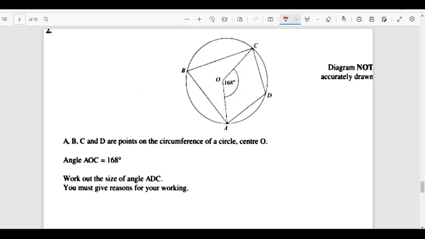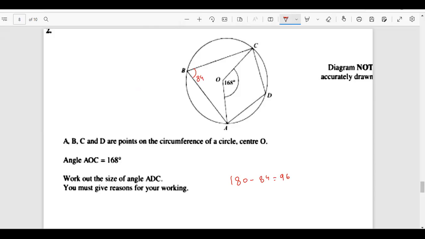So 168 divided by 2 equals 84, which is angle B, and then you do 180 minus the answer, so it's 96. Very good.